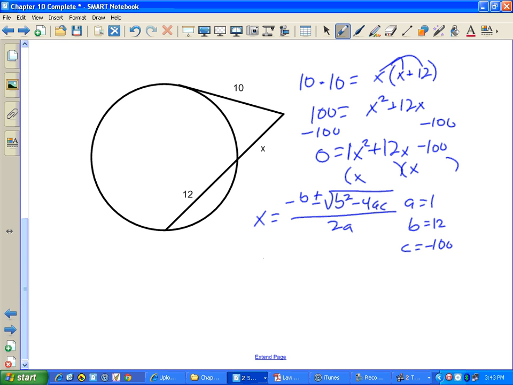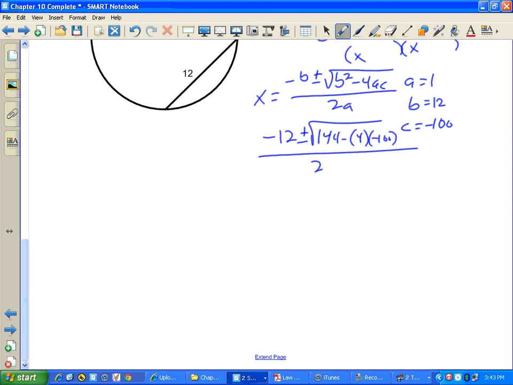So I'm going to have negative 12 plus or minus the square root, 12 squared, which is 144, minus 4 times a times c, over 2 times a, which is just 2. On the inside I've got 144. This is going to be 400, and since it's negative, negative, I get positive. So then we got 544 on the inside.